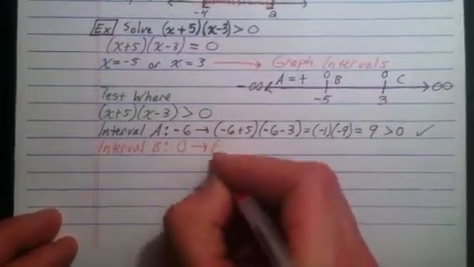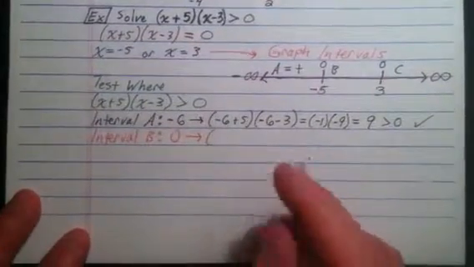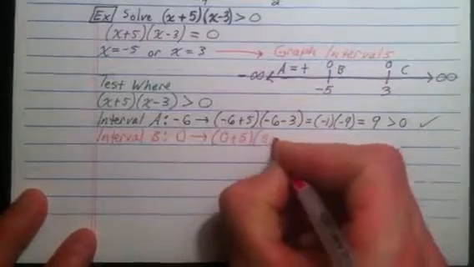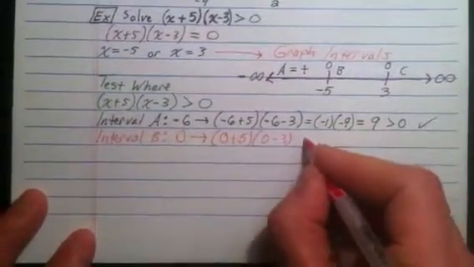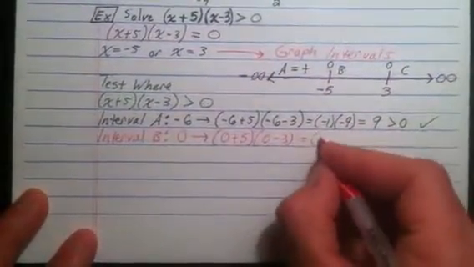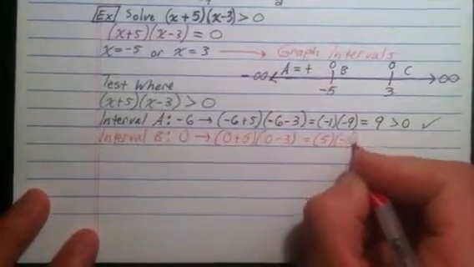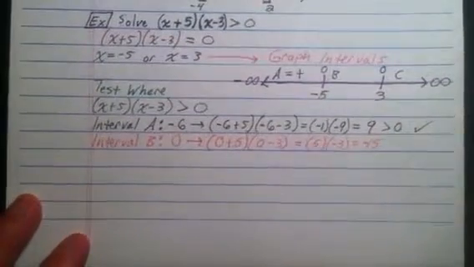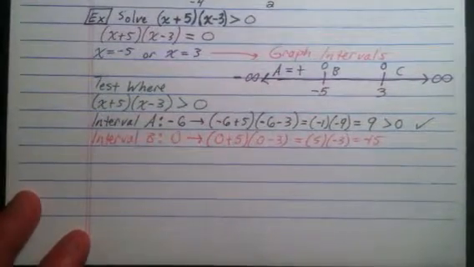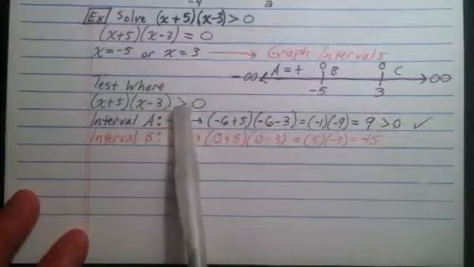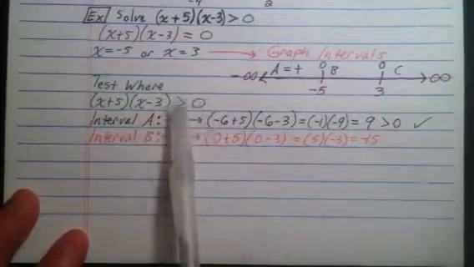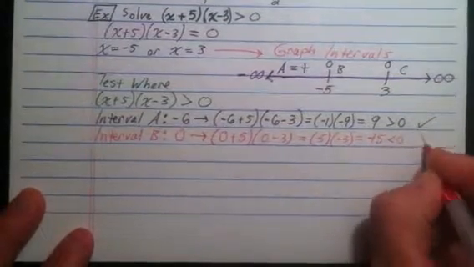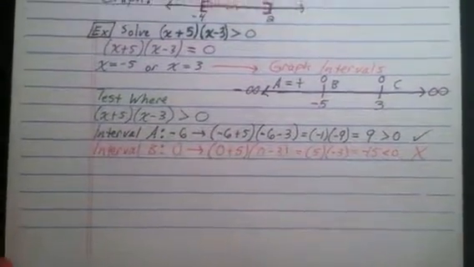Plugging 0 into the inequality, we have 0 plus 5 and 0 minus 3, which gives us 5 times negative 3, which is negative 15. Will negative 15 work in our inequality? No, that gives us a number less than 0, and we wanted things greater than 0. So we don't use that as part of our solution.